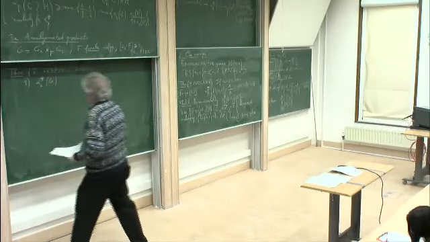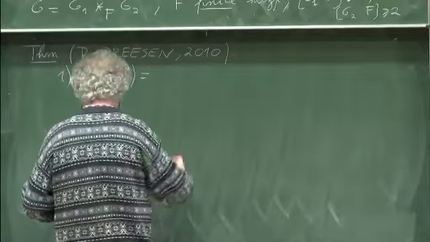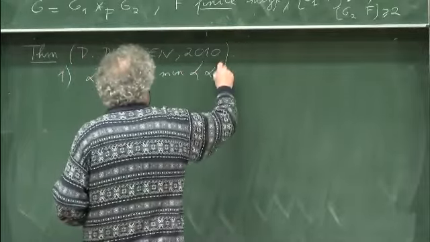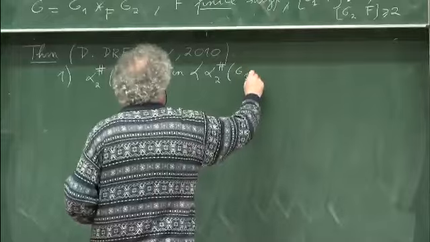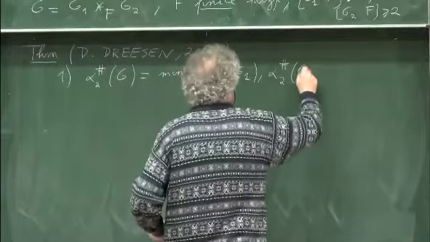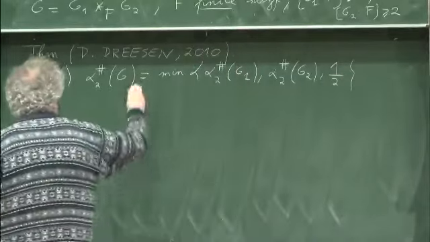So the equivariant compression of the amalgamated product is the minimum of the equivariant compression of G1, of G2, and of 1/2. And that's an equality.